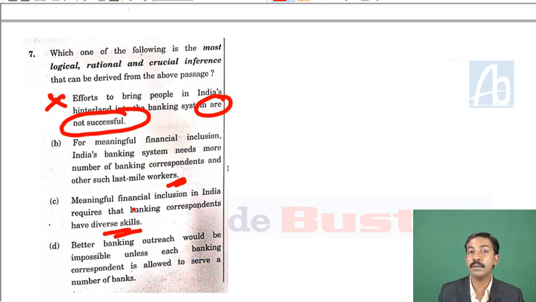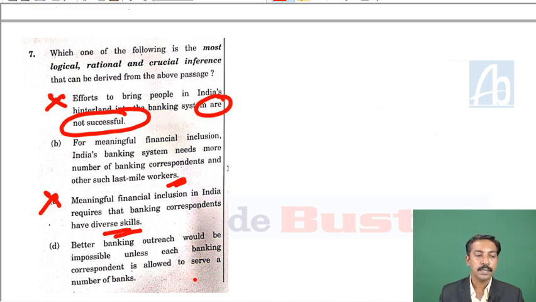The passage doesn't argue for skill sets or the need for diverse skill sets among the banking correspondents. Rather, it talks about the incentives or the privileges given to banking correspondents, which indirectly says that the correspondents are skillful. C can be eliminated.